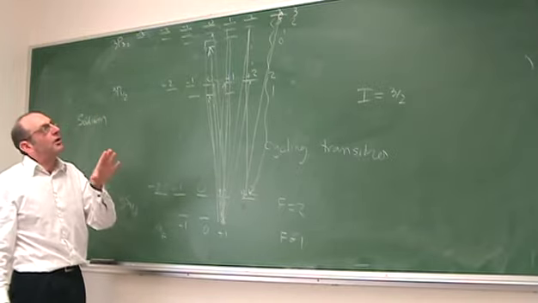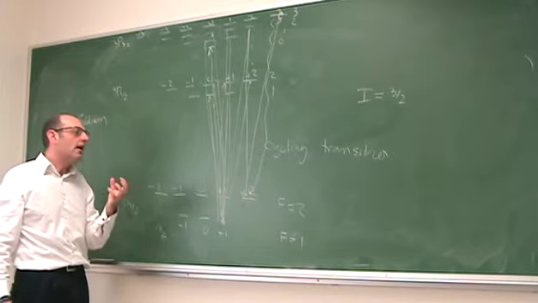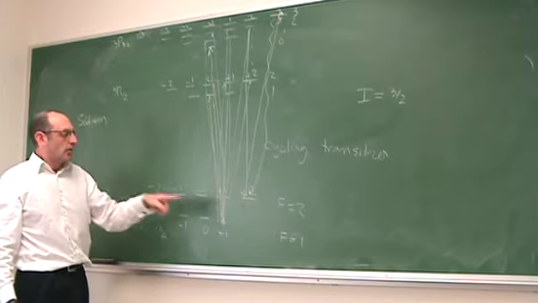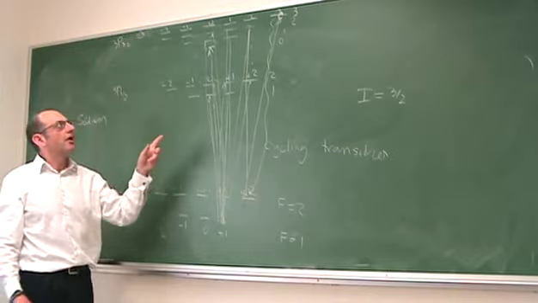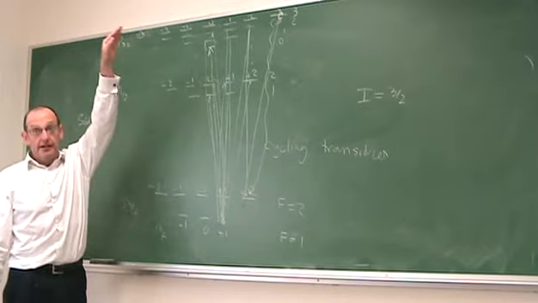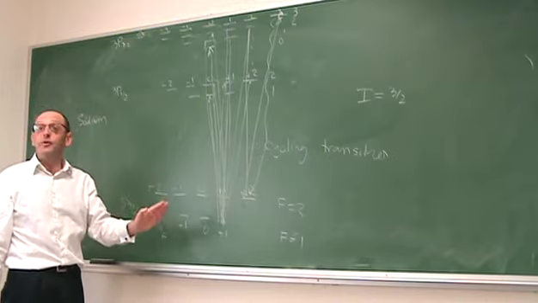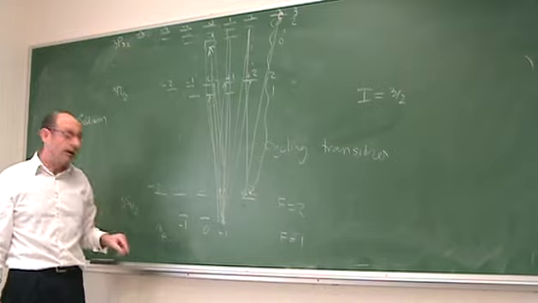Okay. The other point that I want to emphasize, and we'll talk about next time, is which of these transitions is driven, if I'm talking about absorption, not spontaneous emission, but absorption, depends on the polarization of the light.